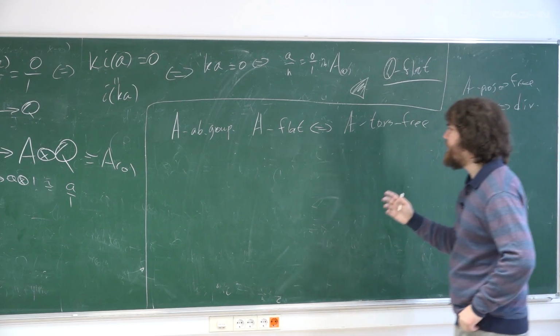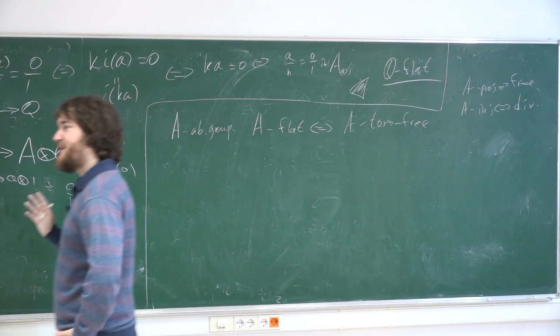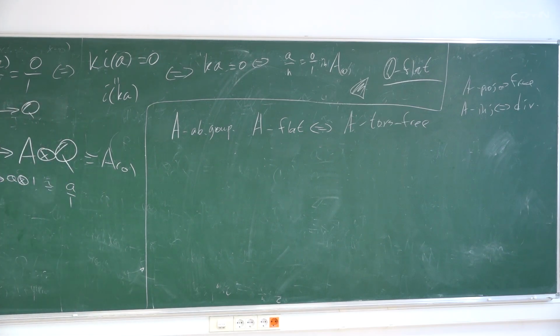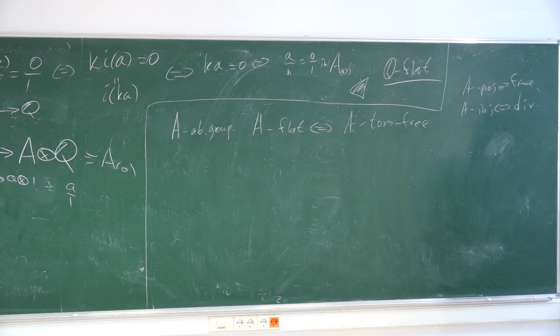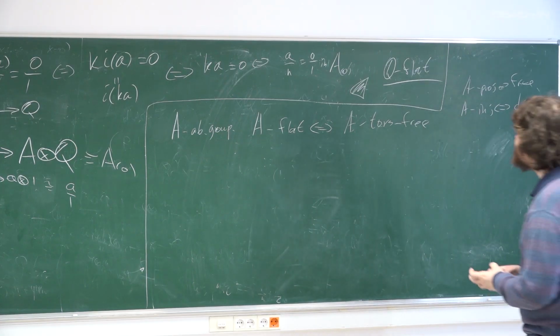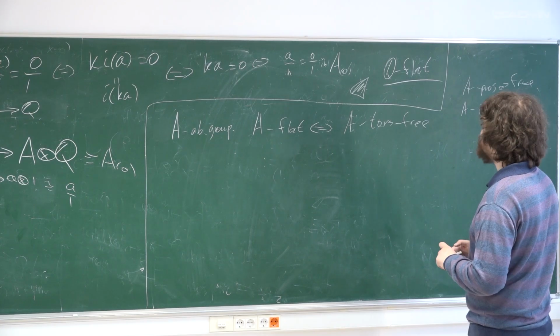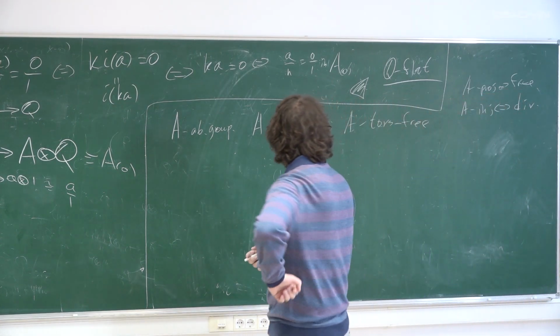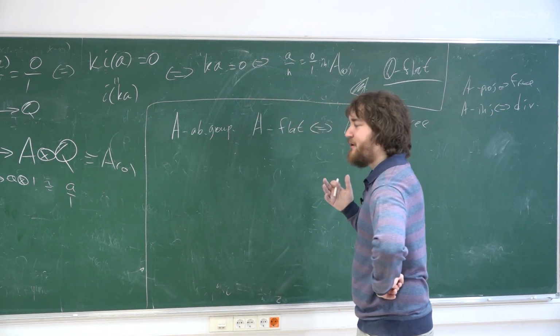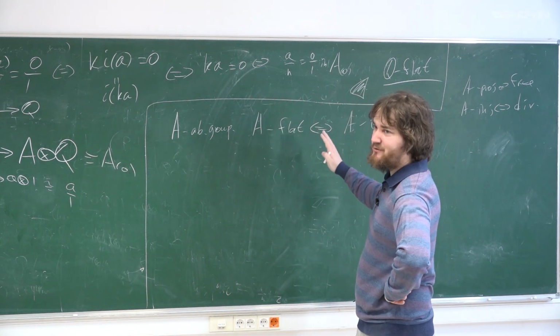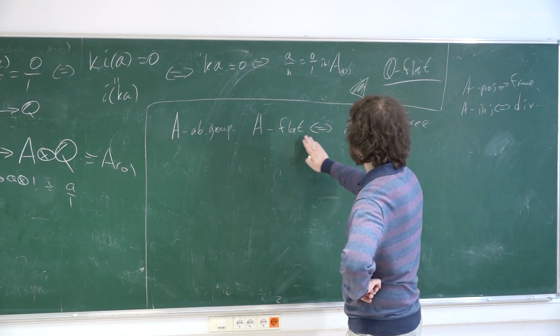Okay. I want to give you three different proofs of this fact, because all these proofs are instructive. The first proof, I think we have already obtained: if A is flat, we have already seen that Z is without zero divisors, so it's torsion-free.